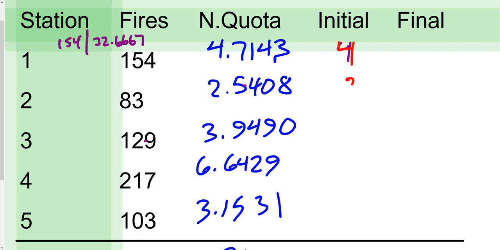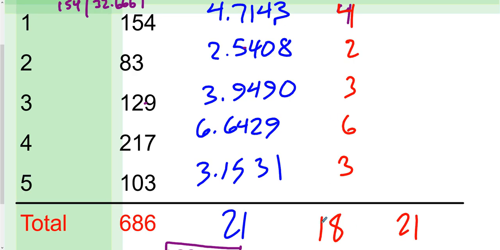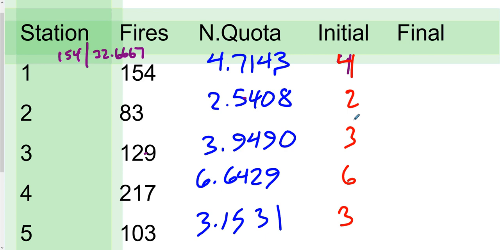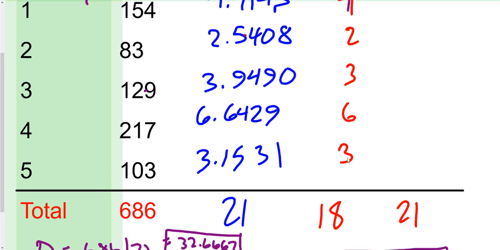This group has earned 2, 3, 6, and 3, regardless of the decimals. Even this decimal 0.9490, they have earned 3, and only 3. Now, if we look at the numbers, that's 18. They have assigned exactly 18 of the fire trucks. That means we got 3 left. We have 3 fire trucks left.